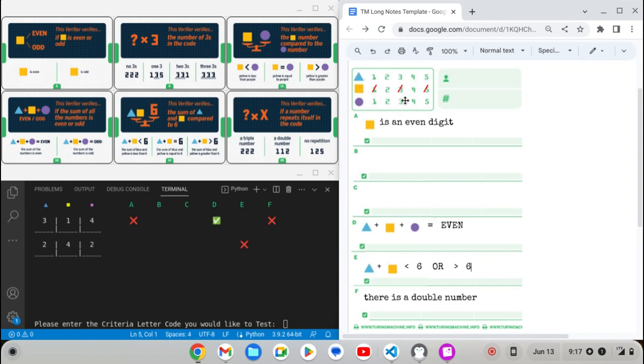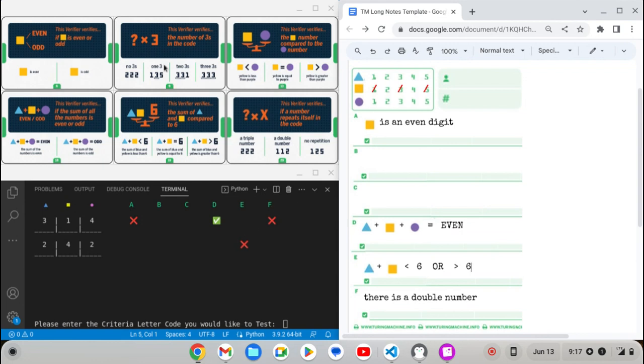So if there are no 3s like I have, then it still doesn't say much about what triangle and circle would be. Let's see.